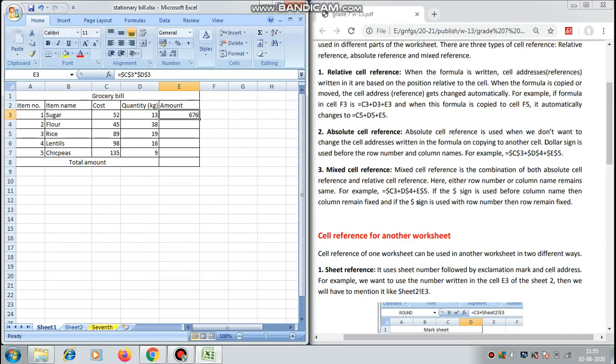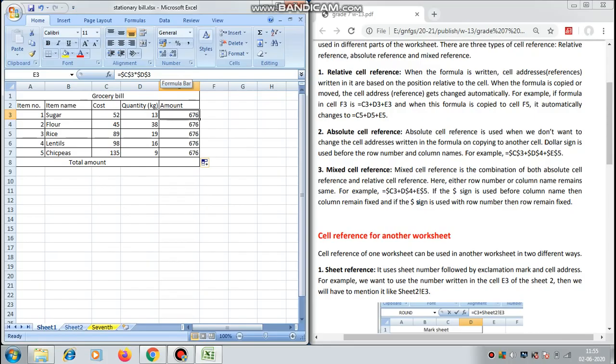Now press enter key. You get the same answer, but if I drag it downwards, you can see same answer in all the boxes. Here also it is 676. The formula that is used here is again $C$3 multiply $D$3.